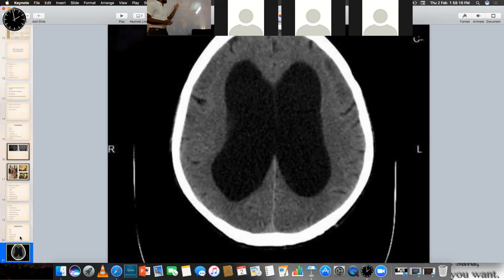Okay, that part of the brain which is close to the ventricles corresponds to your urinary bladder. So the first symptom that you'll see is these patients can't control their bladder. They lose the function to have control over the bladder. So incontinence is a problem.